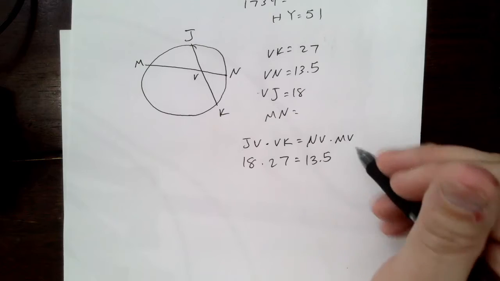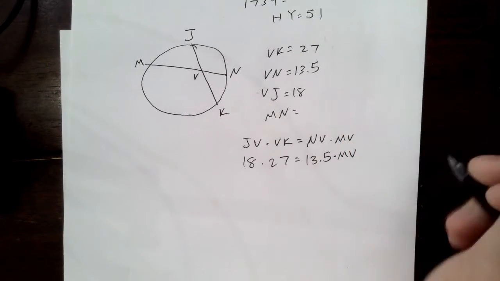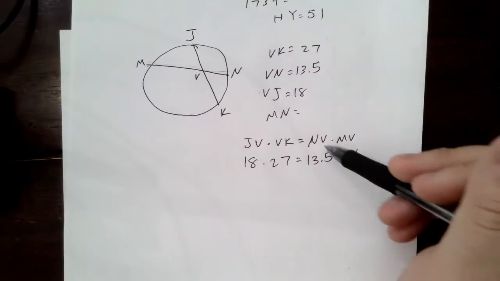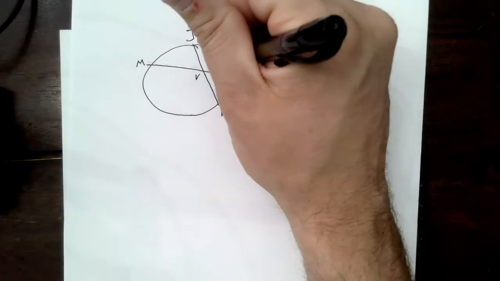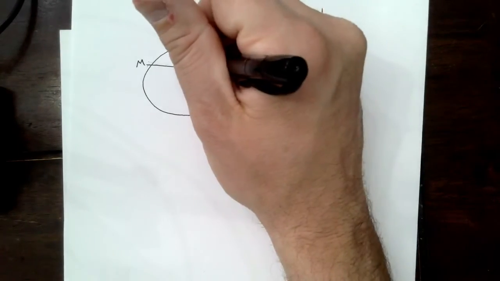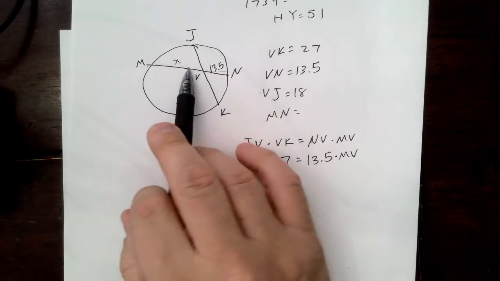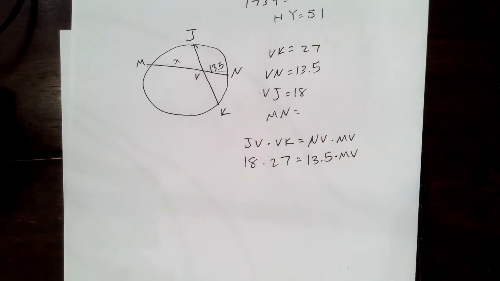So this is the formula. We don't know what MV is, but they want this entire line right here. Well, we already know what one part of it is. We know NV is 13.5, but we don't know this part right there. So what we're going to do is we first have to find MV, and then we can just add them together. So we're first going to find MV.